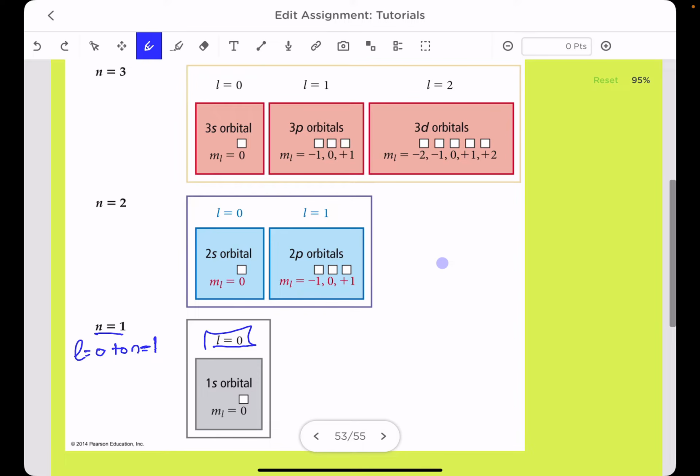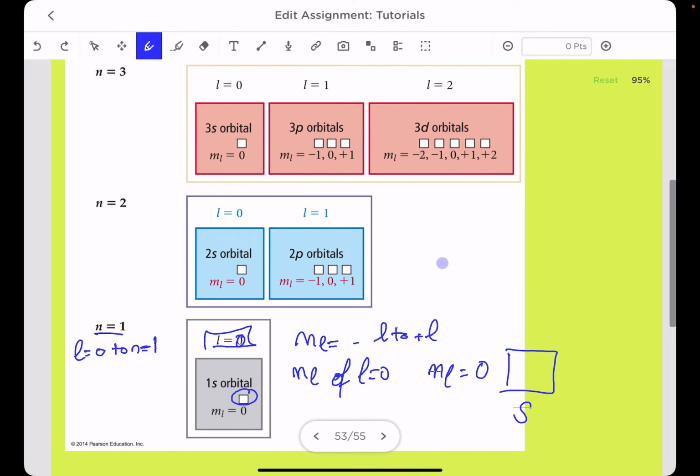So there is only one value for L, which is equal to 0. And ML is from minus L to plus L. So if L is 0, then ML is just 0. 0 means one orbital, means one box. This is why we always draw S as one box. And we can fill these boxes with electrons.